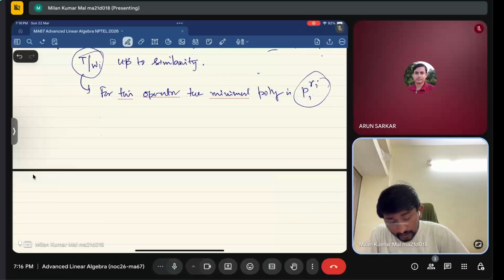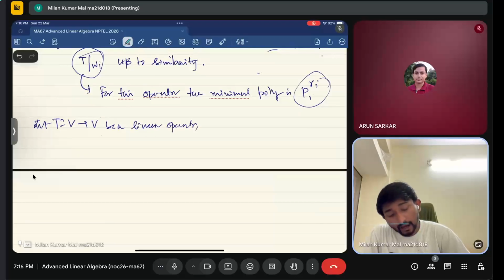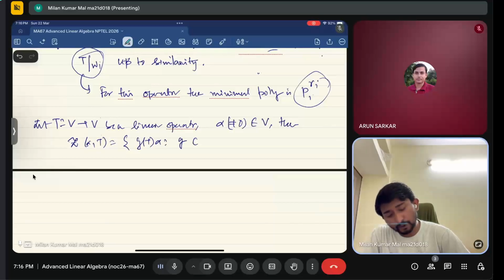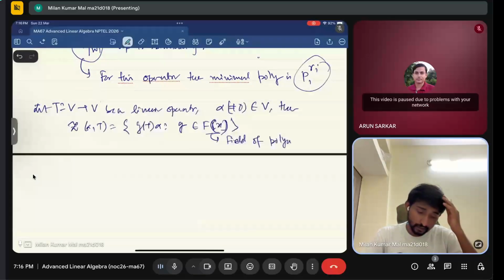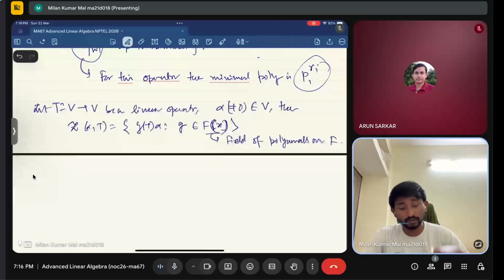Let T from V to V be a linear operator, and let alpha not equal to 0 be an element in V. Then the notation Z(alpha; T) denotes the T-cyclic subspace, the set of g(T) alpha, such that g is any polynomial in the field of polynomials over F. You can consider F to be real or complex, that means real polynomials or complex polynomials.